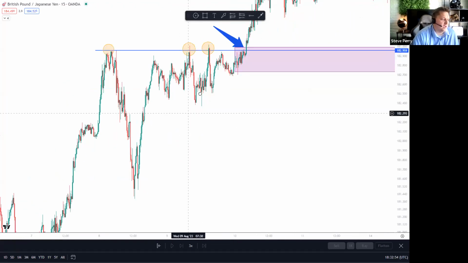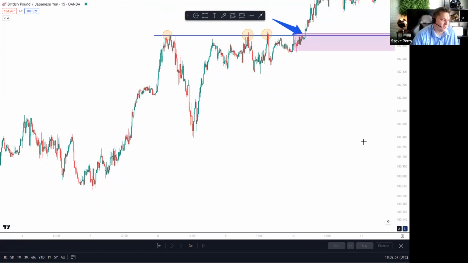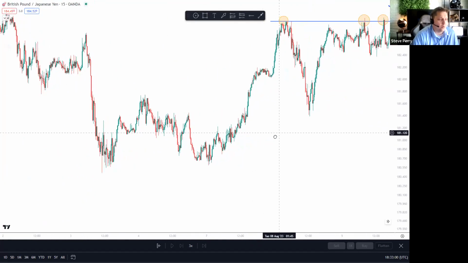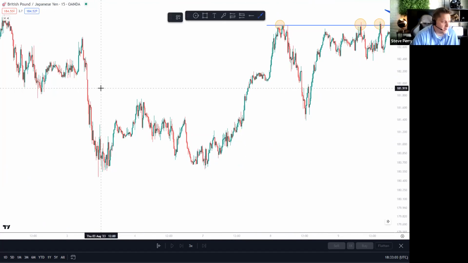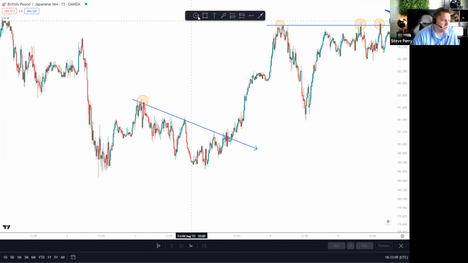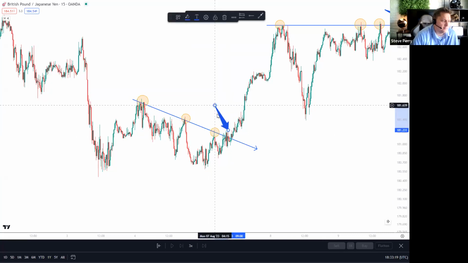Let's try to find another example of what we've been talking about. Okay, so yeah, here's another good example. So right here, you had a nice trend line, right? You had 1 point of engagement, 2 points of engagement. You had 3, and then a break of structure right here in the trend line, right?